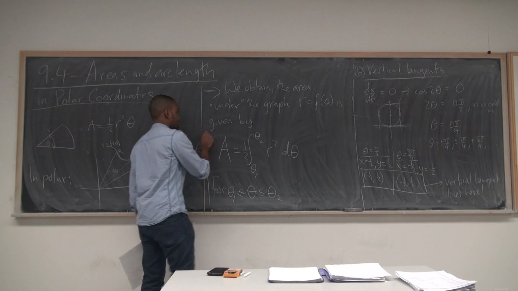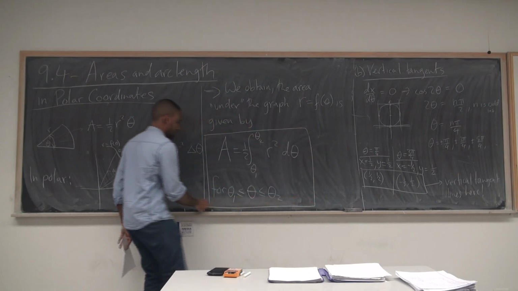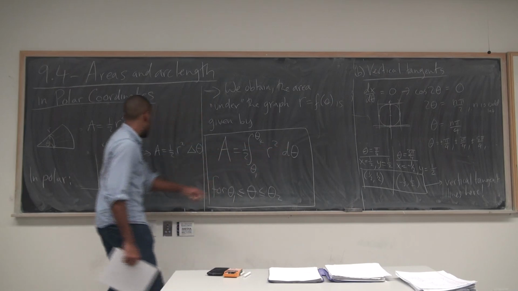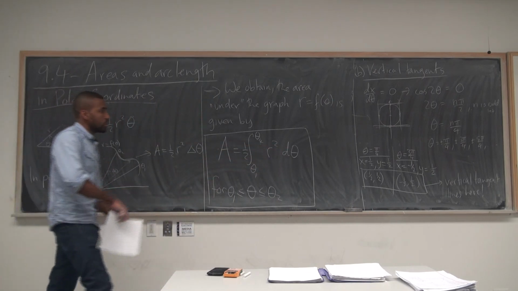This you need to memorize. So you integrate 1/2 r squared d theta, where d theta is just like my change in theta from this angle.